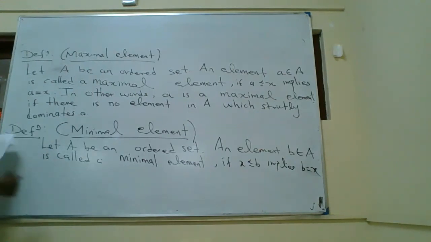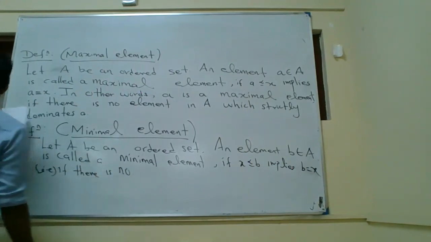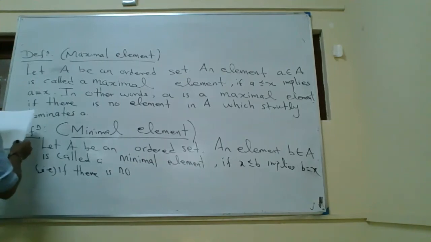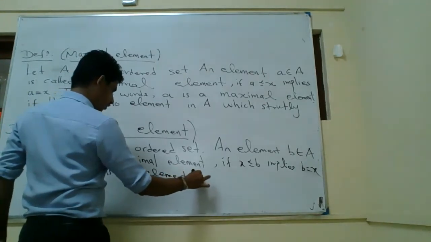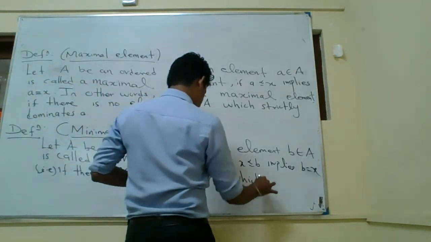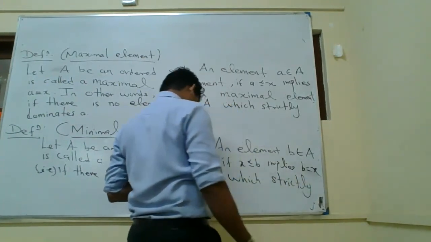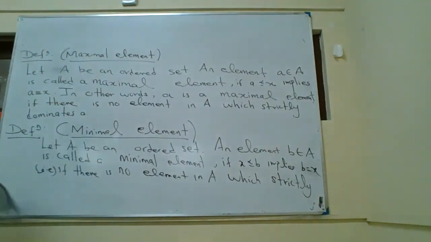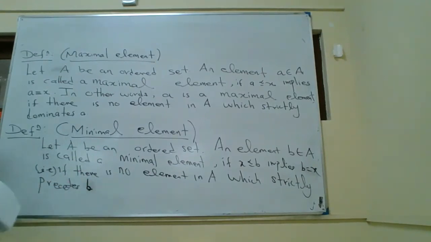That is, if there is no element in A which strictly precedes b, it is your minimal element.